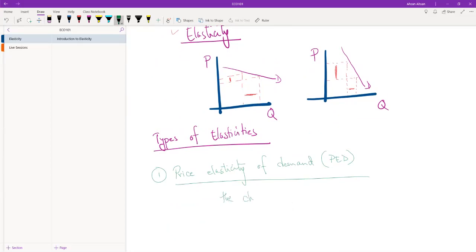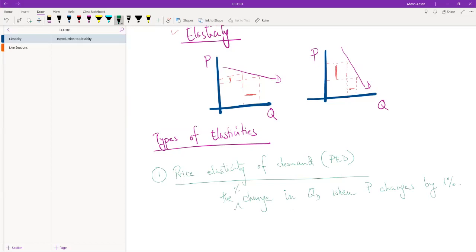the percentage change in quantity demanded when price changes by 1%. So let me just put the percentage change in QD when price changed by 1%.